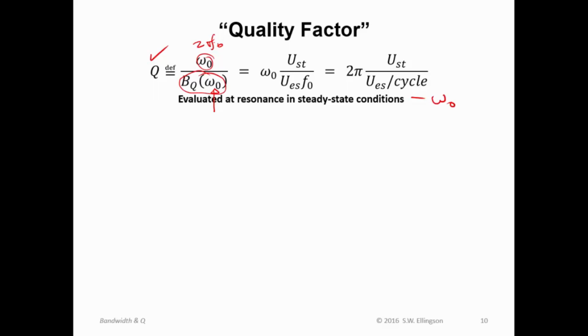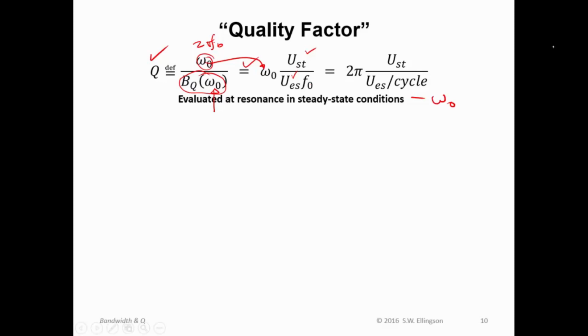Now we can invoke the definition of B sub q to get this new expression. This omega naught here will pull out front, and B sub q inverse equals the energy stored over the energy escaped. Now that'd be normally divided by T, but here we're going to say times f naught. This sinusoid had a period T. The sinusoid is at the frequency of resonance, so it's T naught, and we'll just go ahead and take care of the reciprocal by substituting f naught.